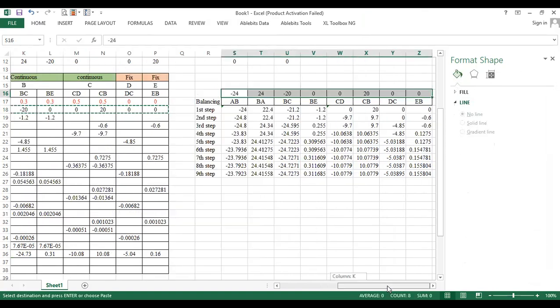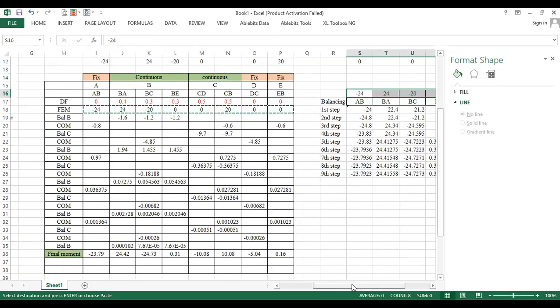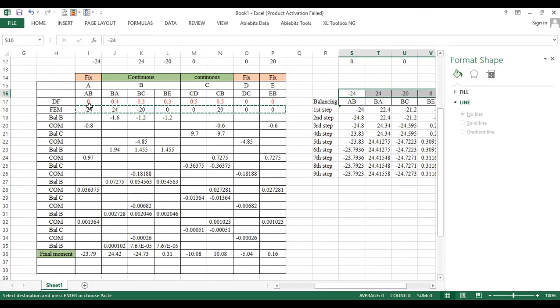So compared to these values, when your error is at least 100 times less, that means 1 over 100, right? That's going to be 1 decimal place. So from this moment, whatever the bending moment shared or balanced will be 1 decimal.